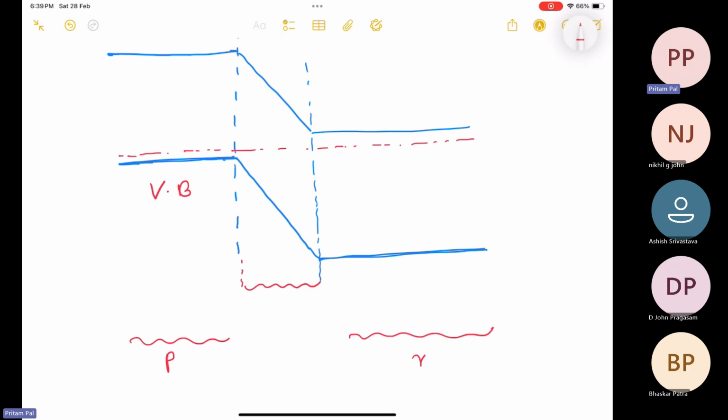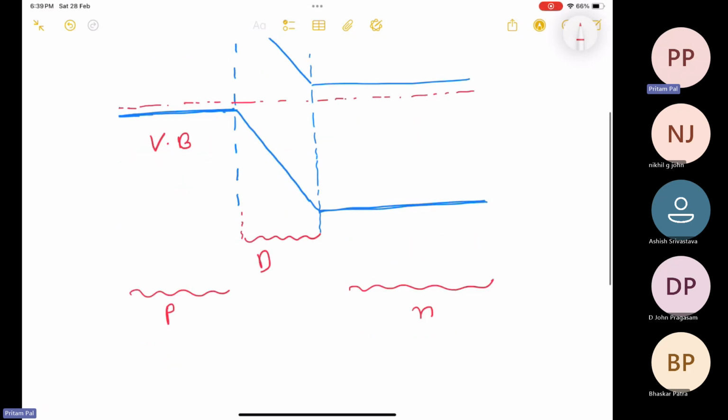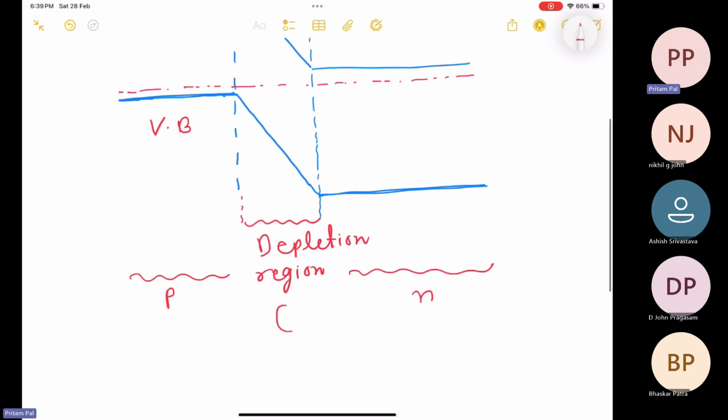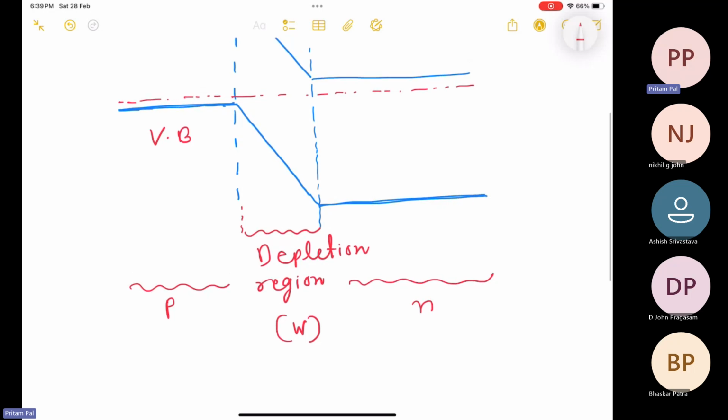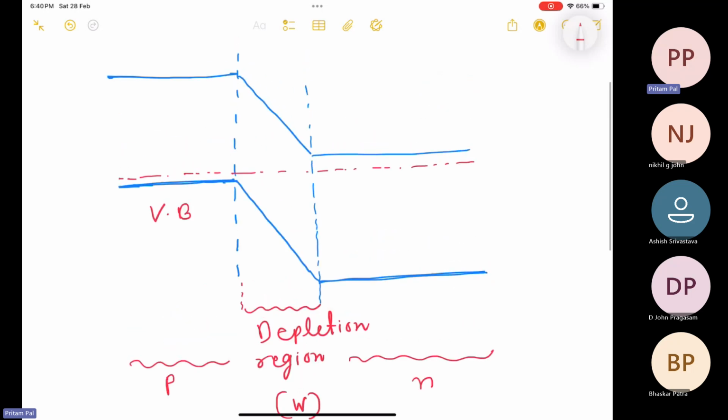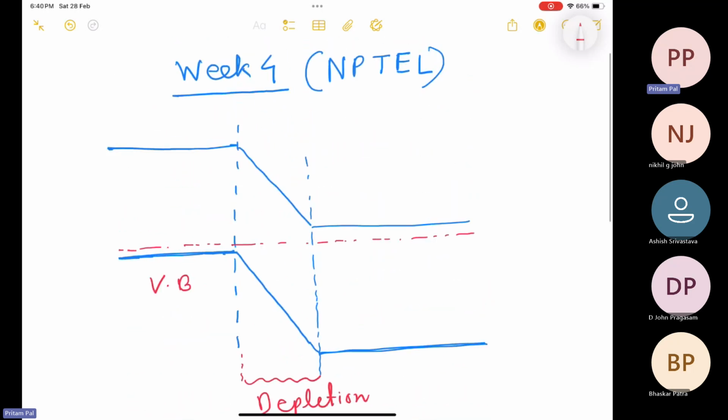This is your N side, and this is basically your depletion region, which has a width W, and I already derived the expression for it in terms of the number density of charge carriers. But again, I will come to that shortly.